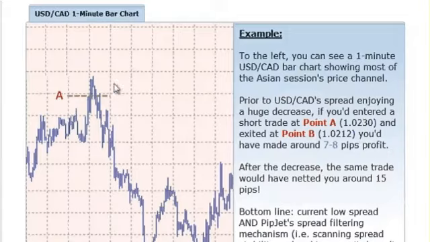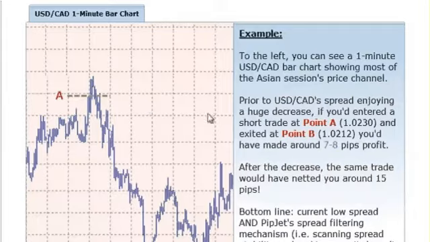On the left, we've got a USD CAD 1 minute bar chart. Each one of these bars represents 1 minute. At point A, the price is at 1.0230. That's where you would have entered a short trade.